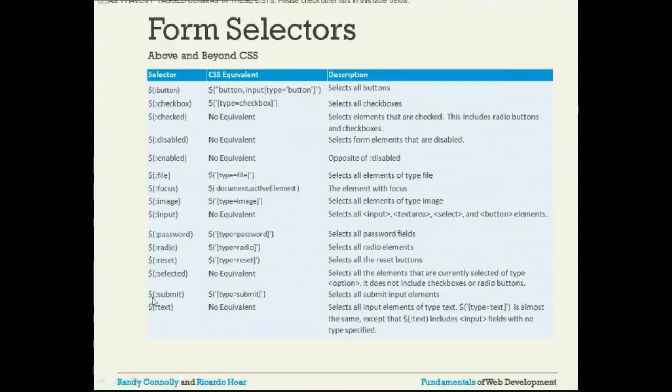If you want to check whatever is checked for the radio button and checkbox, you have to use colon checked. This colon selected is the option type. If you remember, we had some form where we had a drop down list of states. If a certain state is selected, it is going to select that particular element.